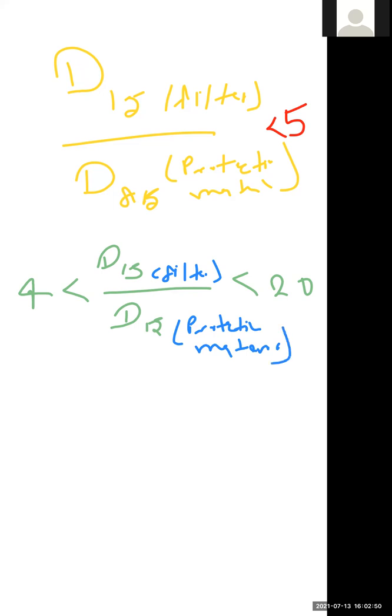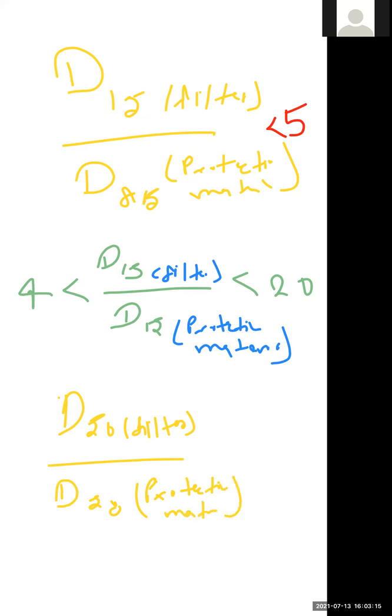The third condition is D50 of filter divided by D50 of protective material should be less than 25.